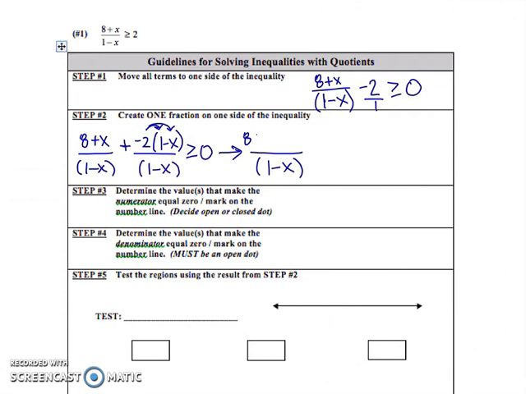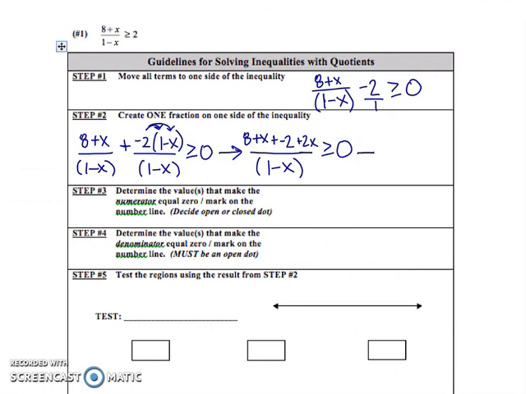So I'm still going to have 8 plus x, but then I'm going to have negative 2 times 1, and then negative 2 times negative x is going to give me positive 2x. And this is still greater than or equal to 0.